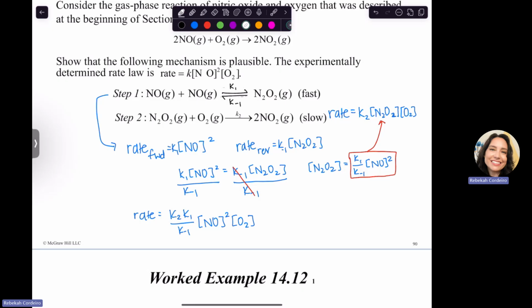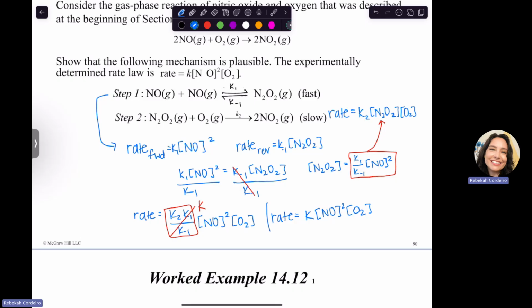So there we go. It's supposed to be NO squared. That doesn't make sense. And so if we know that this all would just kind of devolve into, let's just call it K, then we're finally showing that our rate is equal to some K NO squared O2. And they had messed up there with a typo.